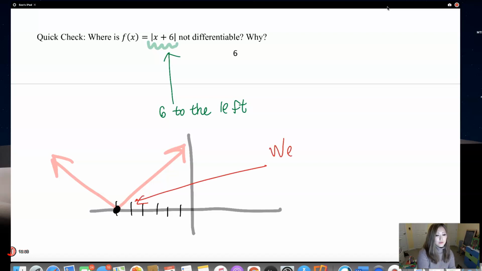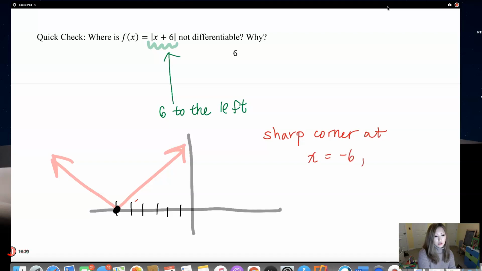We should say f's graph has a sharp corner. Sharp corner at what number? X equals -6.